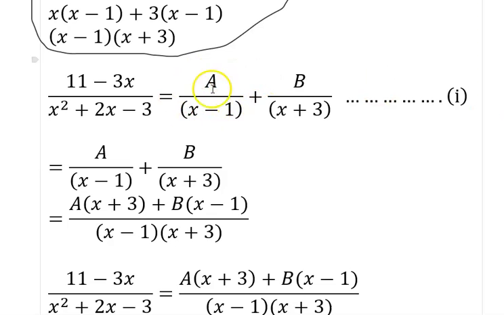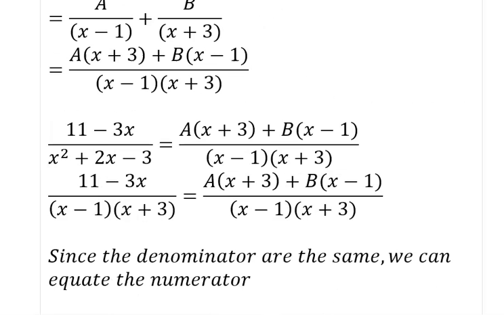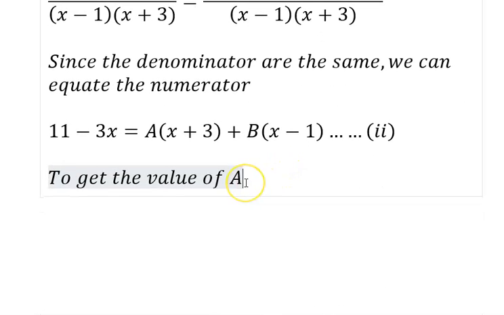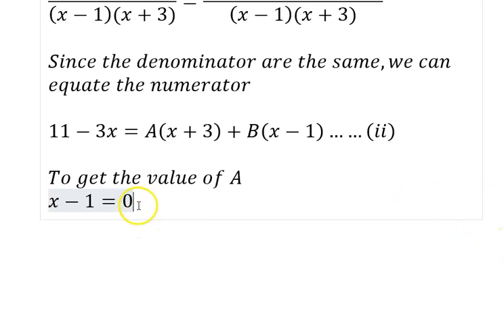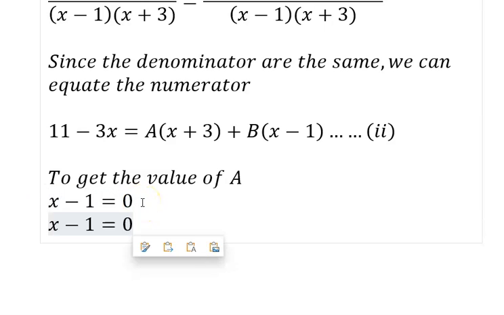This is the fraction that belongs to A. x minus 1, because we actually want to get the value of A. So we bring down x minus 1 equals 0. To get the value of A, bring the one that belongs to A. So if we transfer this minus 1 out, it will be plus 1. So we are left with x equals 1.